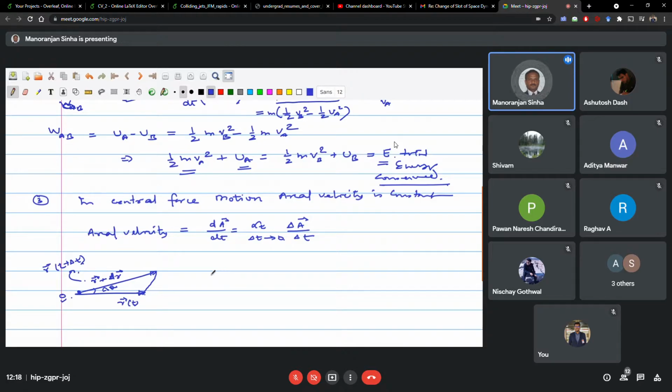So from our basic vector studies, we know that the area of a parallelogram is A cross B, if A and B are two vectors.